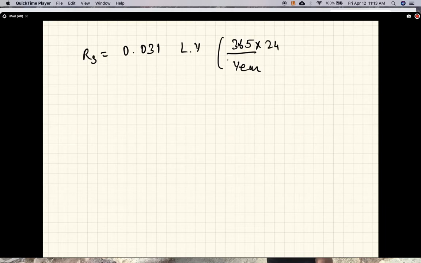Okay, so the Schwarzschild radius is 0.031 light year, and we'll calculate how many days that is. 1 year has 365 days times 24 hours. We'll just keep it in days.